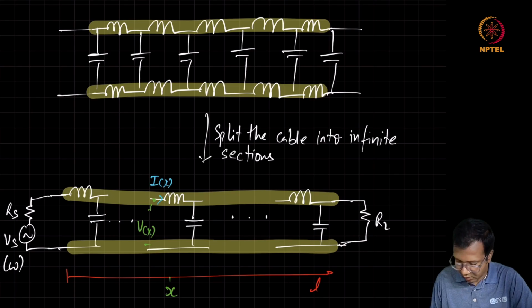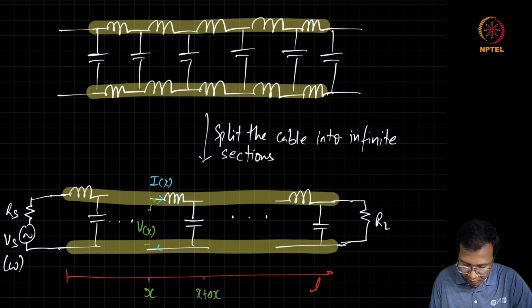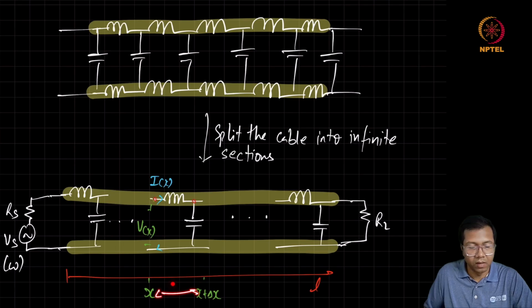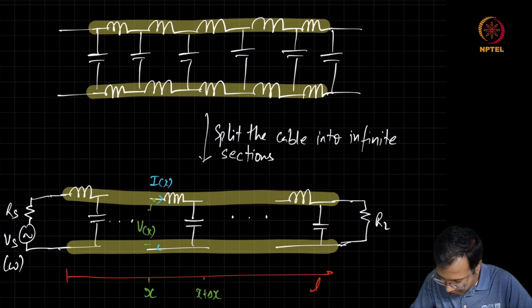I of x. Okay, so then at the location x plus delta x, since there are infinite sections, we can just assume that between these two points there will be a very small, infinitesimally small distance delta x. Then we can define its voltages as V of x and V of x plus delta x.